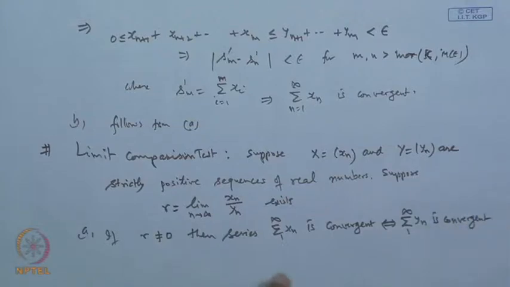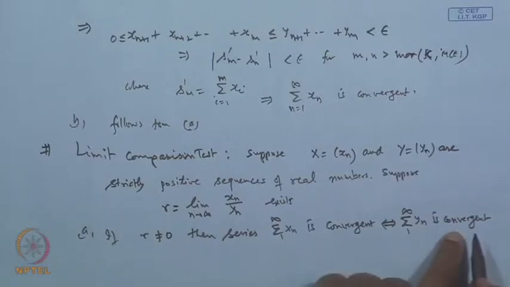It means the behavior of the series sigma y_n and sigma x_n is parallel: if this limit of x_n over y_n exists and is different from 0, then both series will have the same nature. If this series is convergent, this has to be convergent.